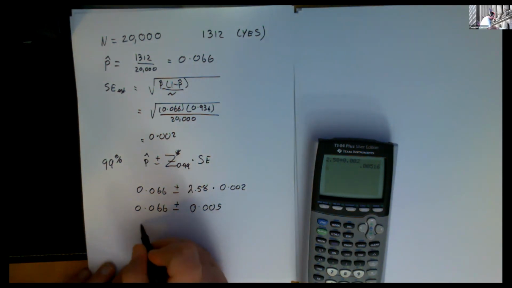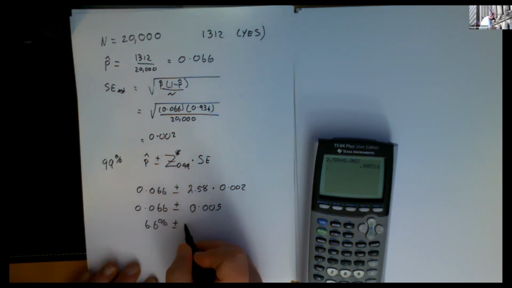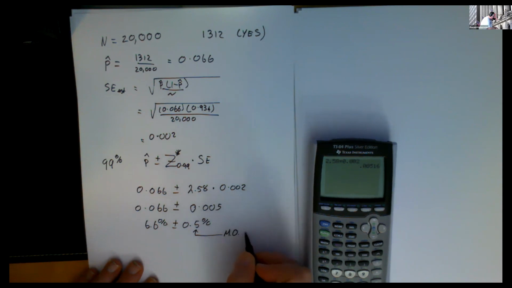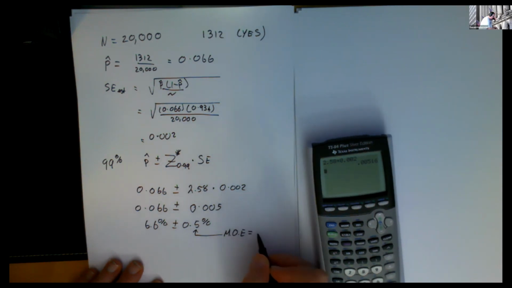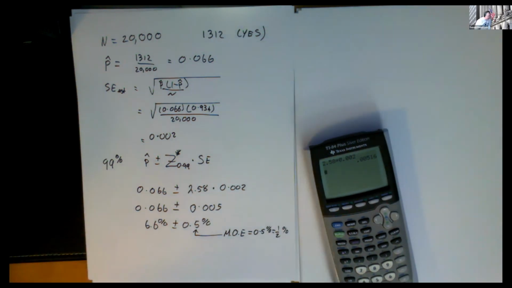Now, as an interval, we'll do that in a minute, but if I call that 6.6%, give or take 0.5%, the margin of error in this case is 0.5%. Now, if you get a margin of error of only 0.5%, that means there's not going to be much wiggle room. Our interval is going to be quite tight, which is good news.